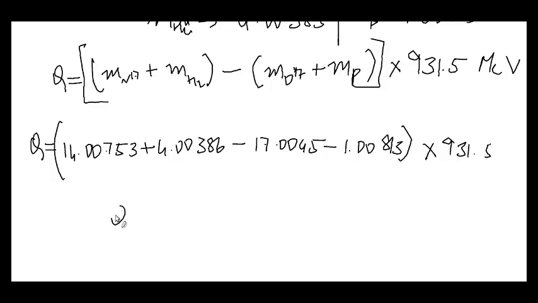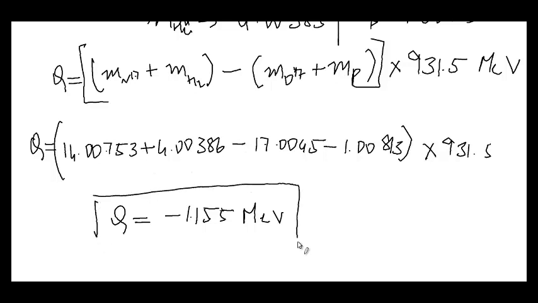Solving this, we would get Q as about minus 1.155 MeV. This is the value of the energy that is being used in this process where you bombard the nitrogen atom with an alpha particle to give an oxygen atom and a proton.